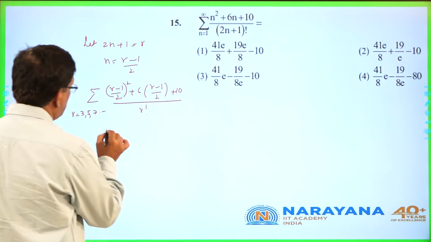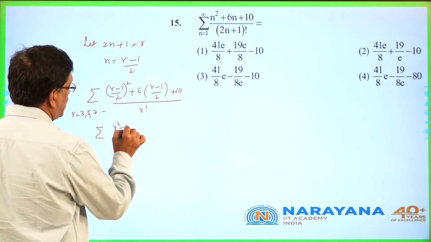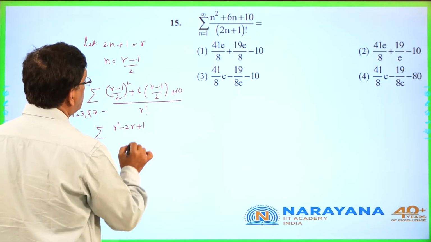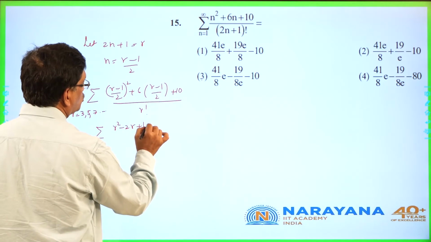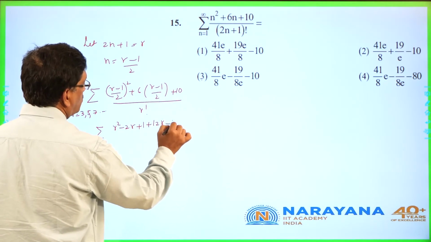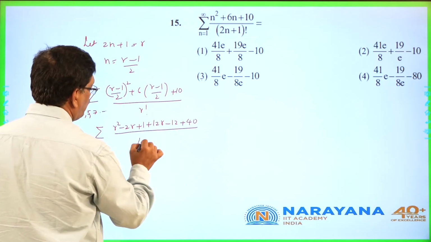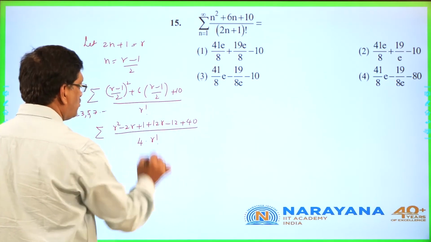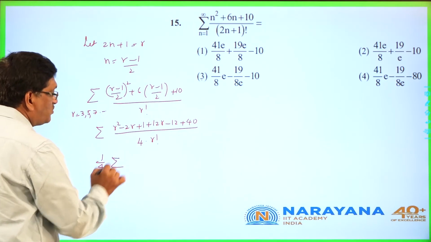So, if you expand, it is r square minus 2r plus 1. Here already 2 is there, one more 2, 12r minus 12 plus 40, by 4 times r factorial. So 1 by 4, take completely out of the sigma.